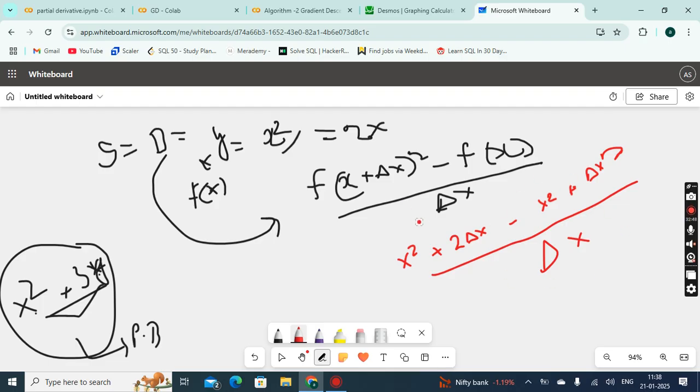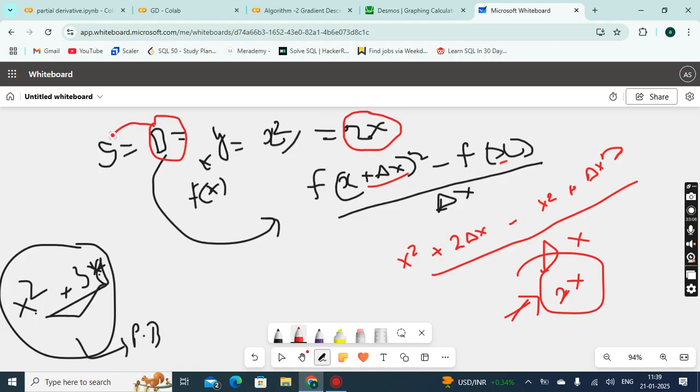When you elaborate it you will get 2x. So this is the formula of your derivative. Derivative is nothing but your slope, and when you have multiple derivatives as an array, that is known as your gradient.